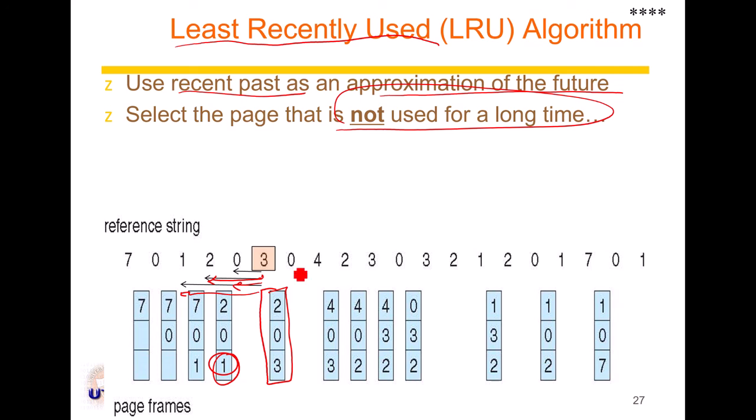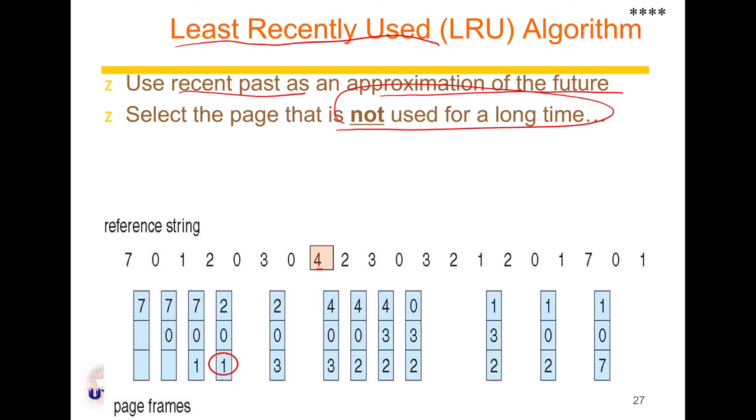And now when we need 0, we don't need to do anything because it's already there. But when we need 4, 0 is okay, but 4 is not here, so we need to decide which page to replace.